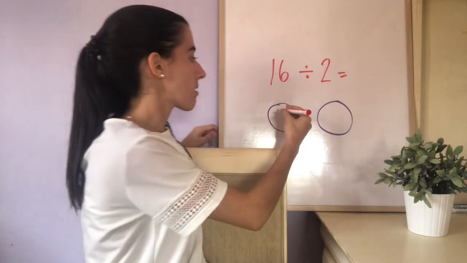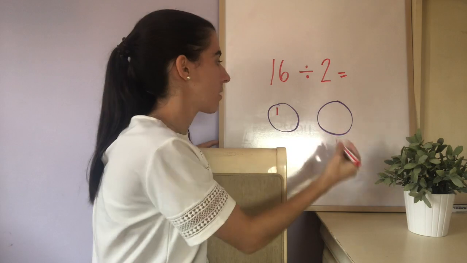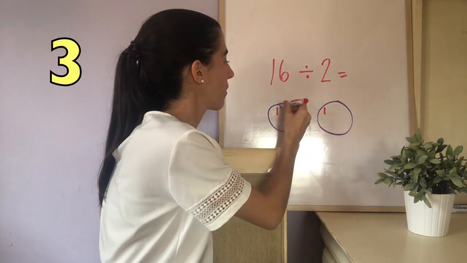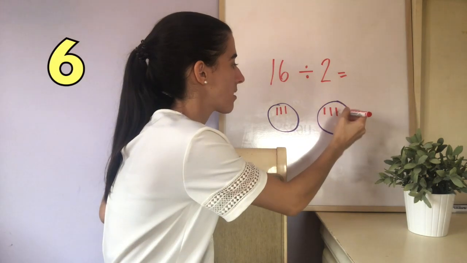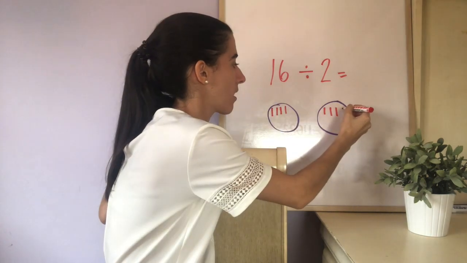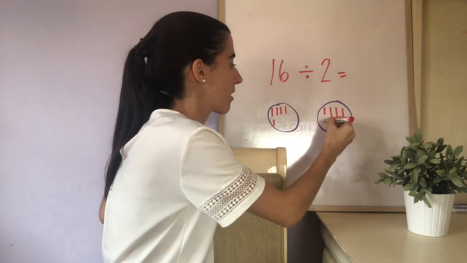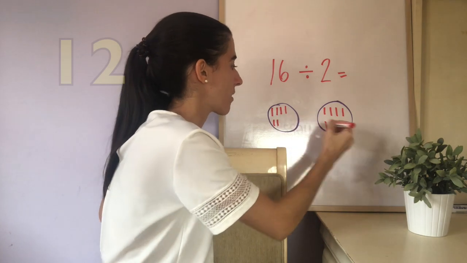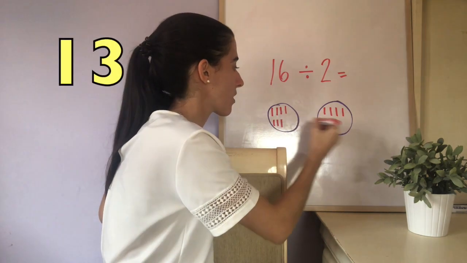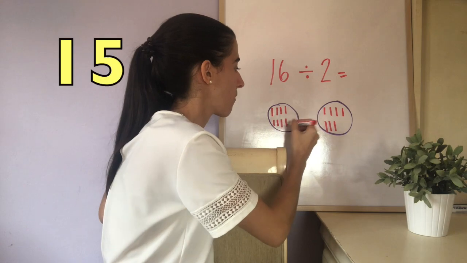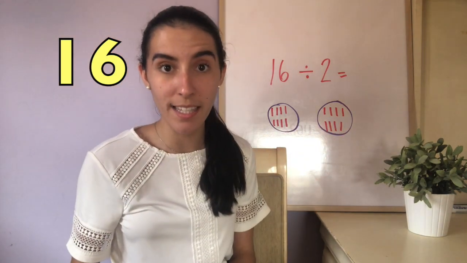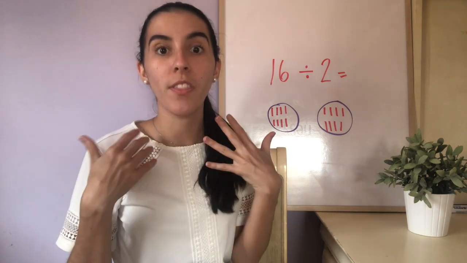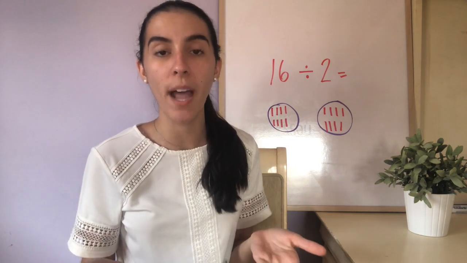So I would go like this. 1, 2, 3, 4, 5, 6, 7, 8, 9, 10, 11, 12, 13, 14, 15, 16. So I got to 16 and each friend got the equal or the same amount of crayons.